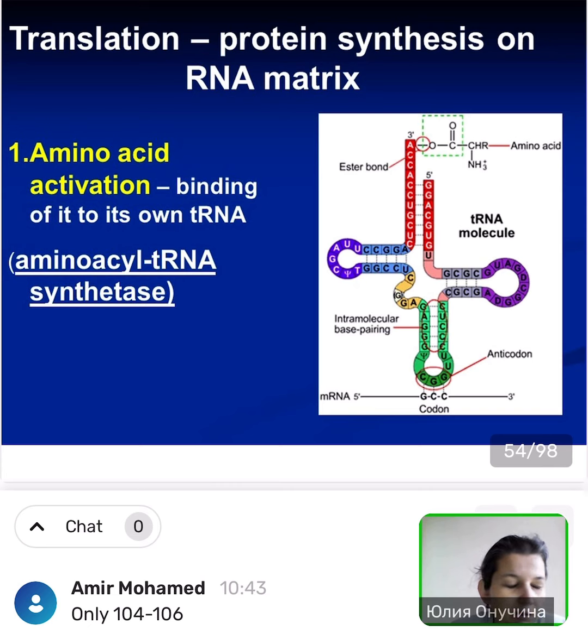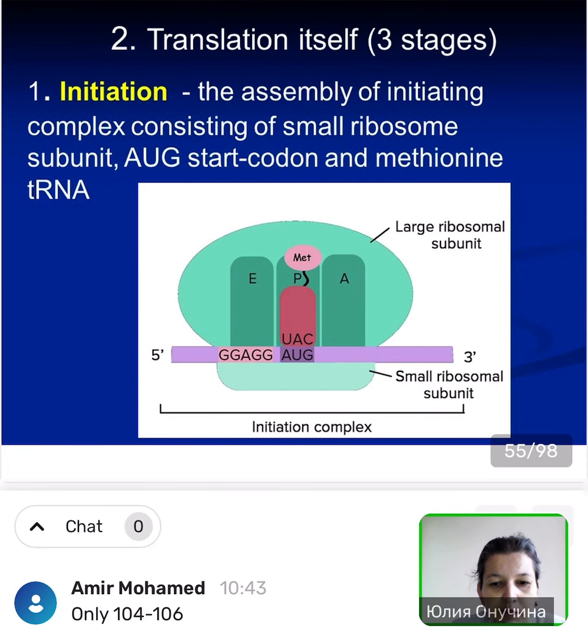So this transfer RNA must connect with mRNA, and first always will be methionine that will be connected with the start codon. All protein synthesis in our organism will begin from methionine. Sometimes this methionine will be removed after, but always it will be the first amino acid.